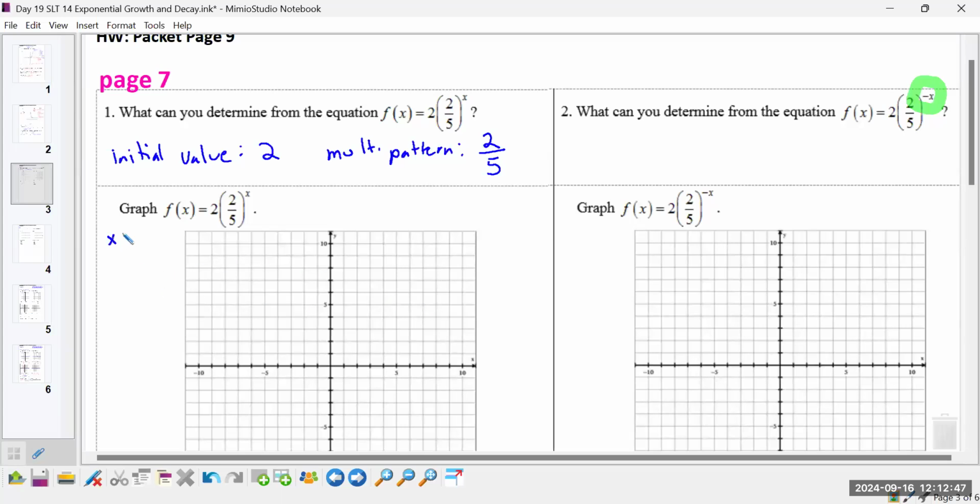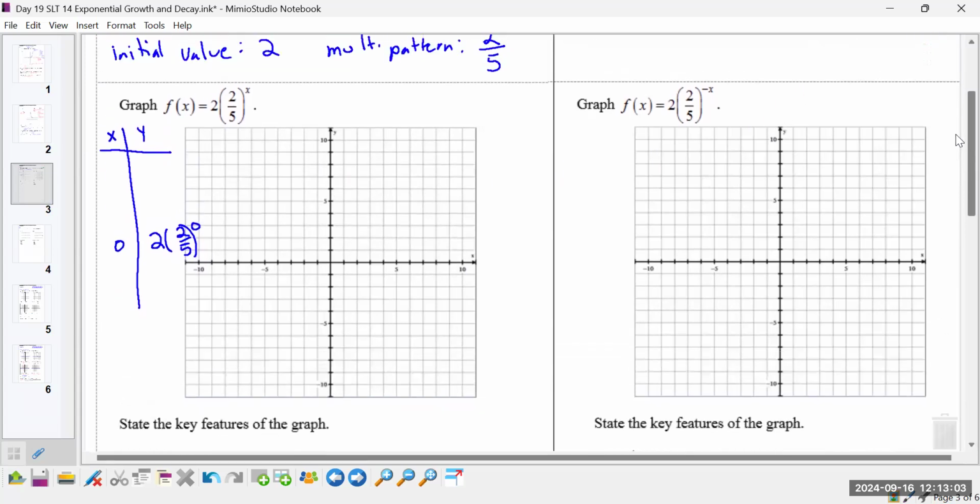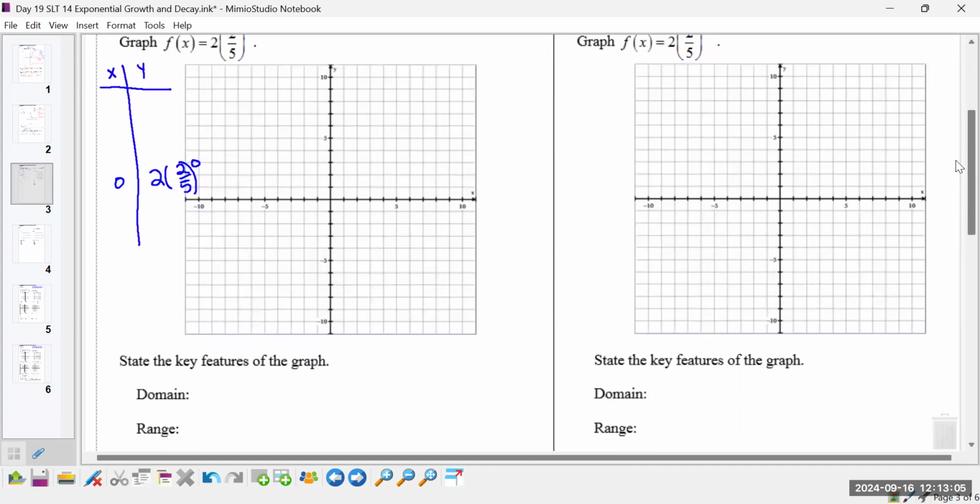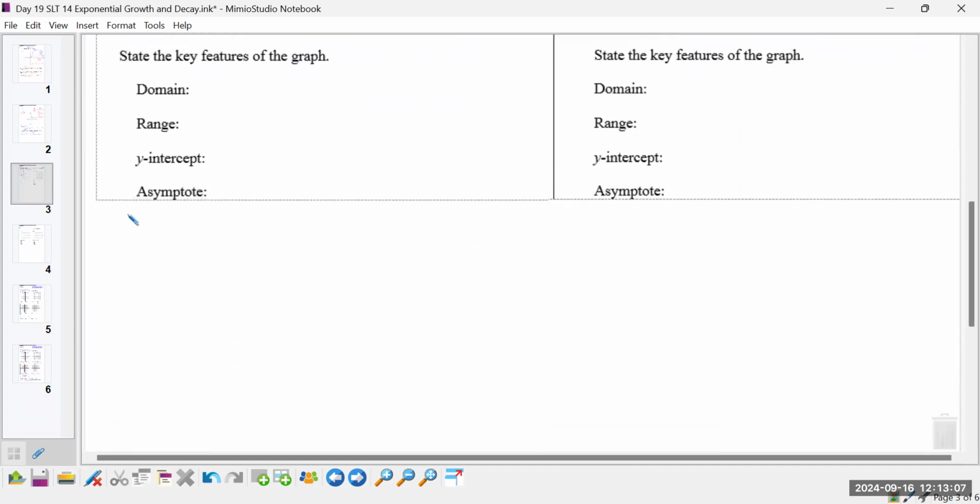So let's start with 0. 0 is always a good choice. If we do 0, we have 2 times 2/5 to the 0. I'm going to do my arithmetic at the bottom because I really don't have a lot of room in the graph. So our equation is y equals 2 times 2/5 to the x.